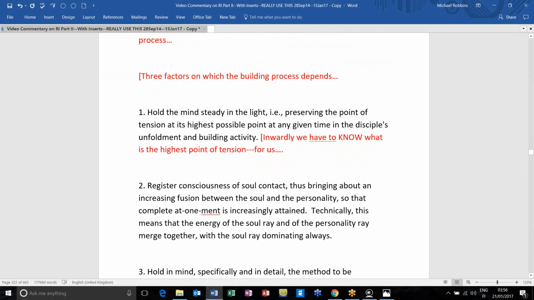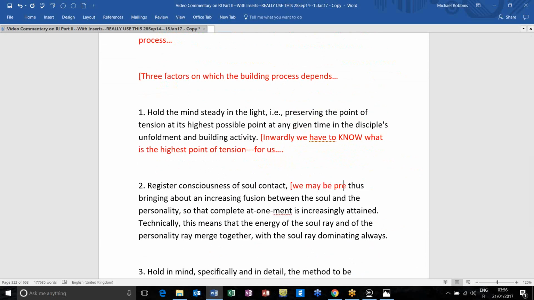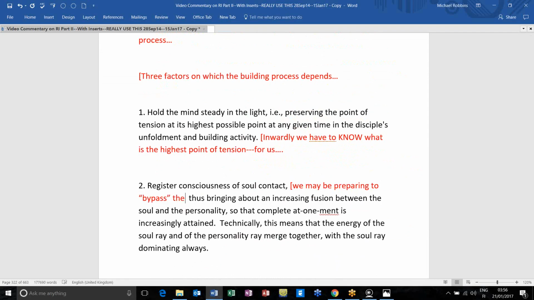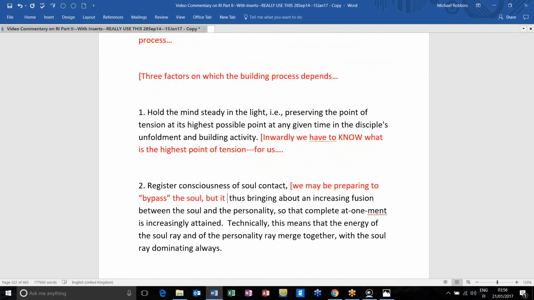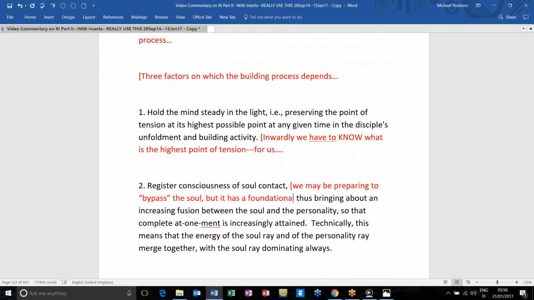Register consciousness of soul contact, thus bringing, you see, the soul is involved. We may be preparing to, so to speak, bypass the soul, but it has a foundational importance. Register consciousness of soul contact, thus bringing about an increasing fusion between soul and personality, so that complete at-one-ment is increasingly attained.